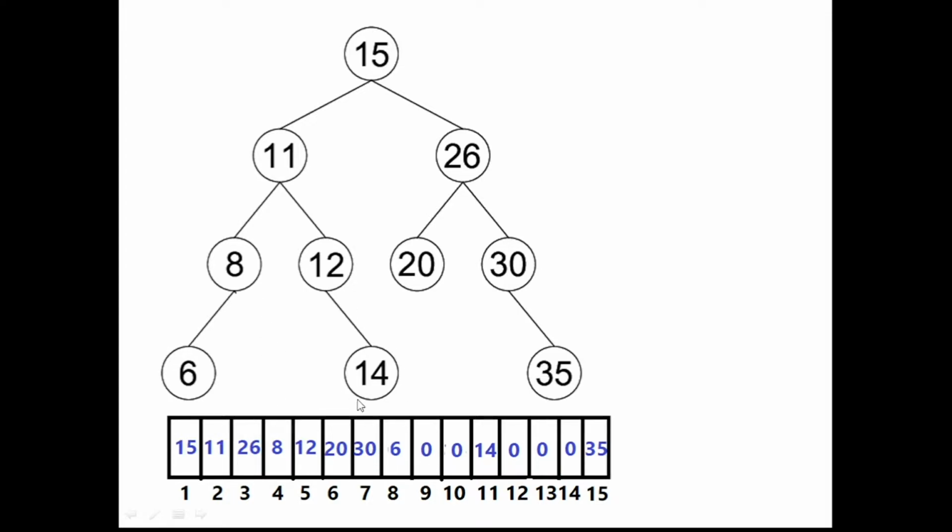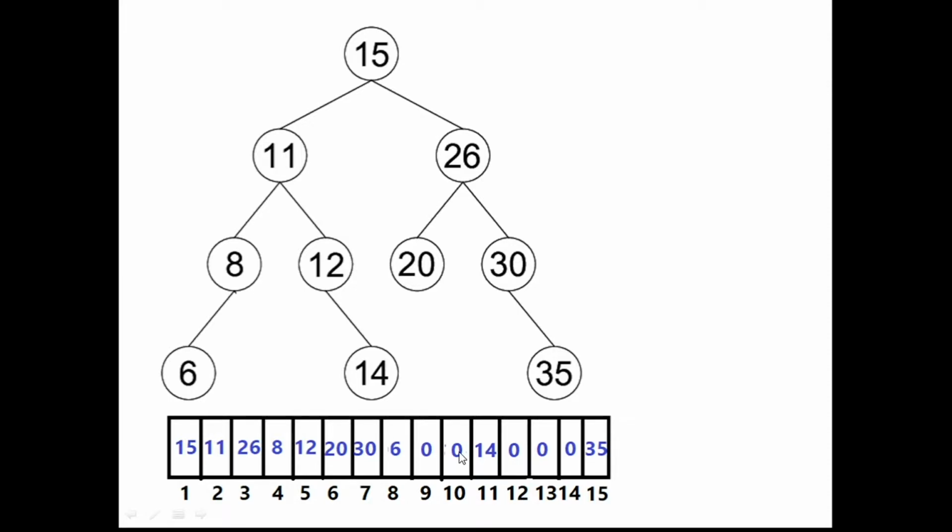So basically I am conceiving this array as a complete binary tree where all the nodes are occupied. So whenever the node is not having any actual child, I am just storing 0 there, so that the array is still equivalent to a complete binary tree. So the number of elements is equivalent to the number of nodes of a complete binary tree. So this is a sample representation which I have done using an array.